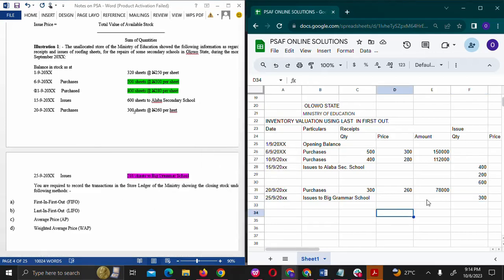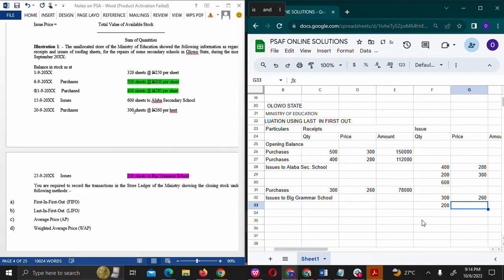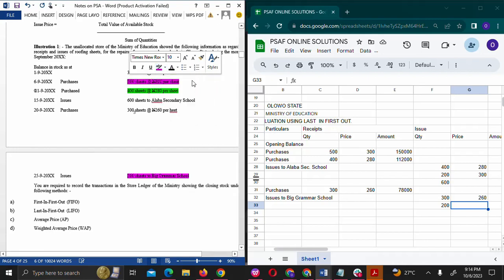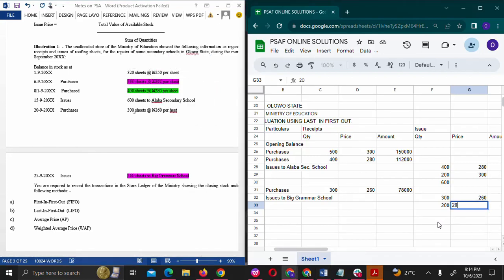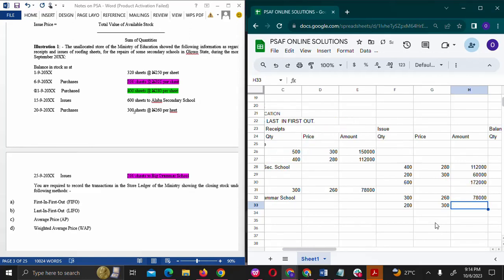So I will say 200 to make the 500, but I will be issuing at 300 for this remaining 500 here. Hope I'm not speaking Spanish. Do you understand? Kind of. All right. I want to believe kind of is saying yes, right?